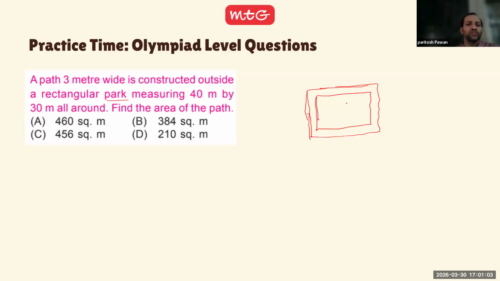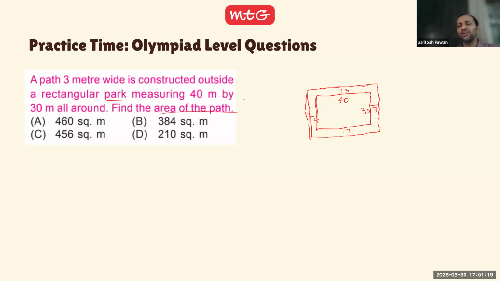The length of the park is 40 by 30. This is 40, this is 30, and the path is 3 on all sides. It is asking to find the area of the path.